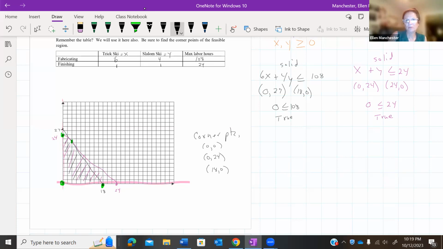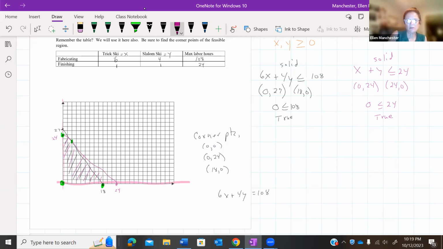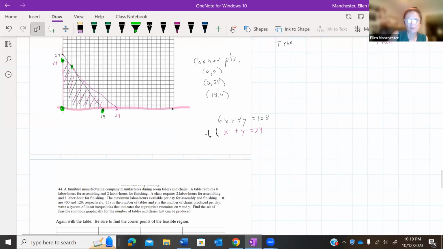So you do your elimination. So we're going to do 6x plus 4y equals 108, and x plus y equals 24. So I'm going to multiply my x times -6 to get rid of the x. So I end up with 6x plus 4y equals 108, and -6x minus 6y equals a negative.